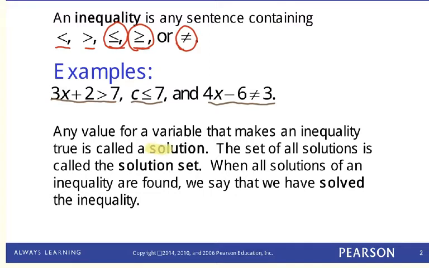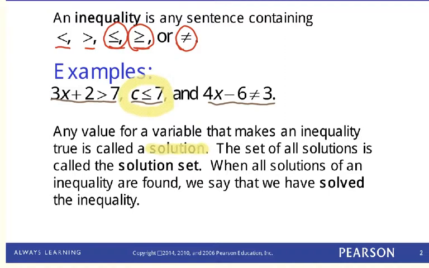So we have a solution, which is any value that makes the inequality true. In other words, any value that was less than or equal to 7 would be a solution here. So there's going to be more than one solution for almost every inequality you have.